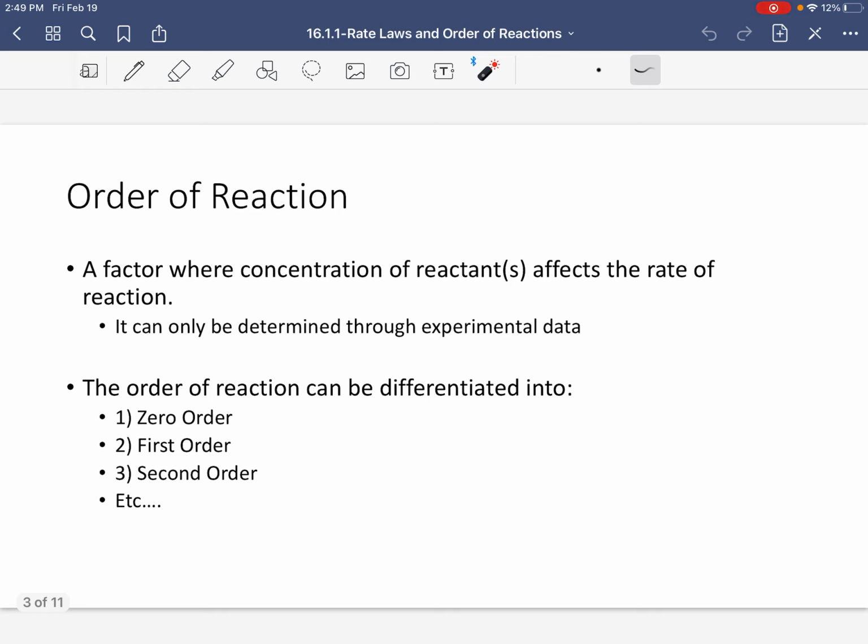Now, with that in mind, how the concentration of a reactant affects the rate of reaction can be determined through experimental data. In order to find these rate laws and orders of reaction, you can't just stare at an equation and figure this out. That would be impossible.